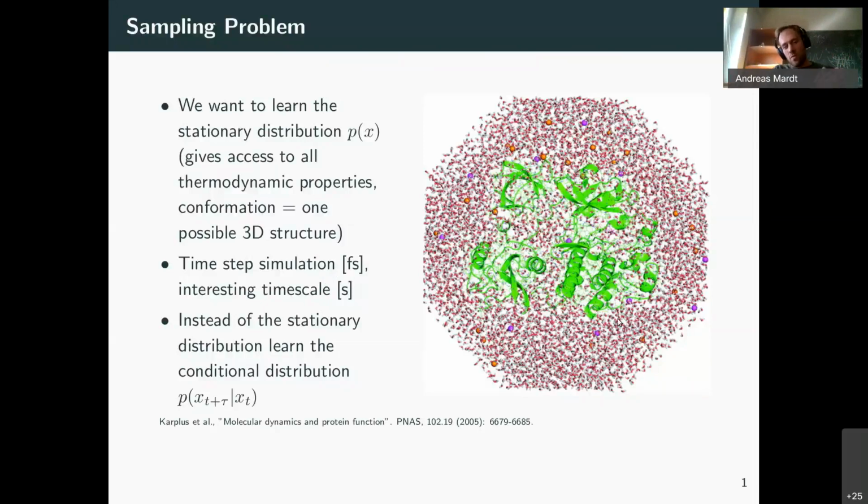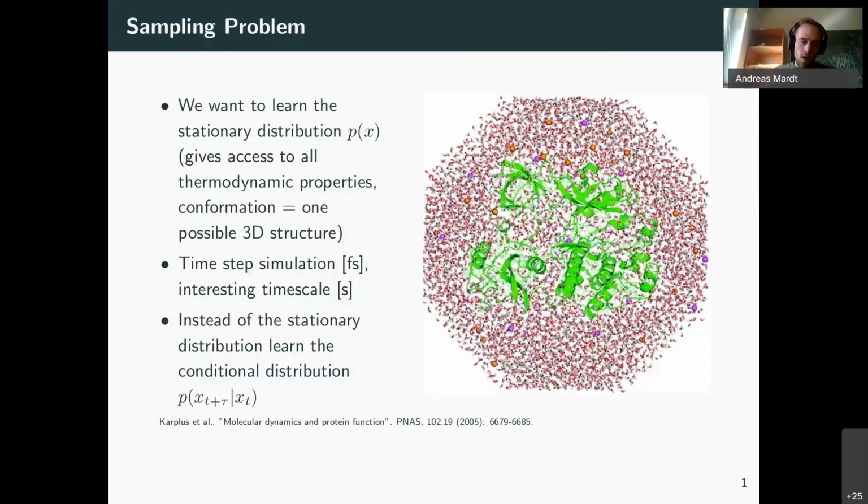So we have to do a lot of time steps to reach this seconds regime. And the problem is that our computers nowadays are not powerful enough, and who knows when they would be, to actually do this in a feasible time span. So right now it would take ages to make a simulation to actually see processes in the range of seconds.